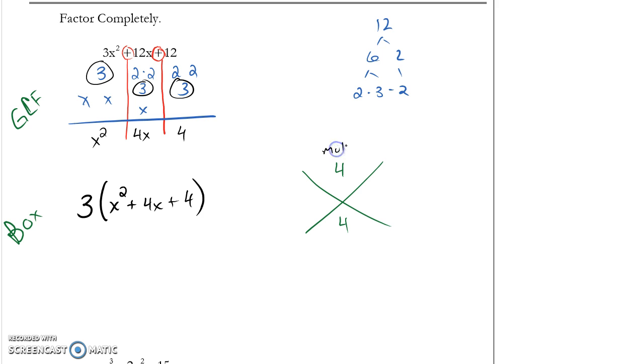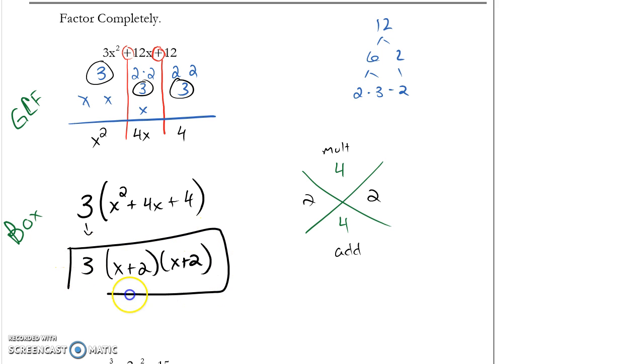What multiplies to 4 and adds to 4? Well, that's 2 and 2. They're both positive, so this piece factors to x plus 2 times x plus 2. But you cannot forget this 3. That's my final answer.